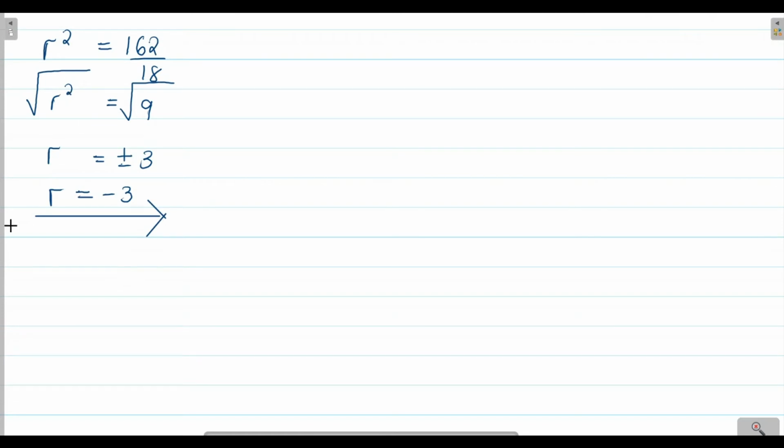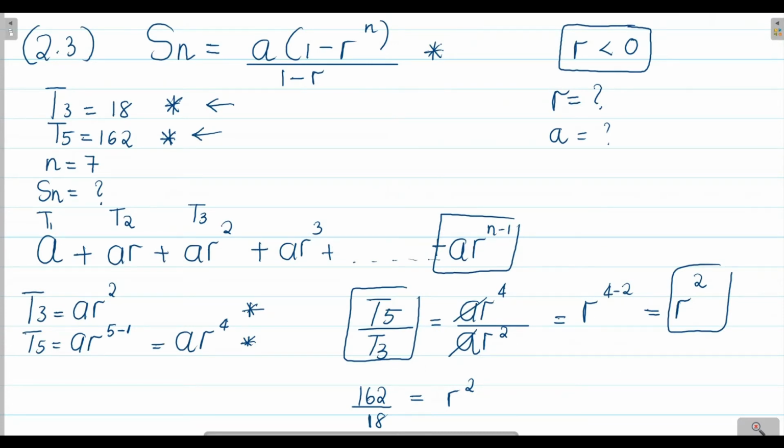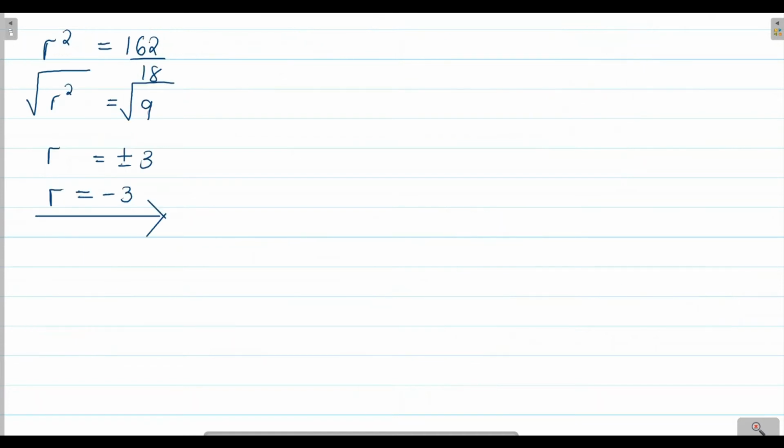The last thing that we need to be able to get the sum of this geometric series is the value of our A. So how can we get the value of our A? Remember, guys, to get the value of your A, you can just use the formula Tn is equal to A times R to the power of n minus 1.